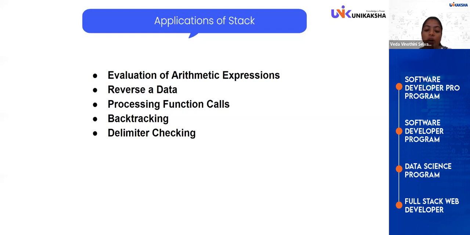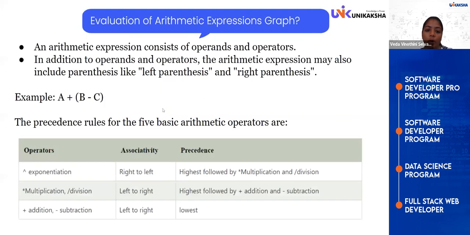Okay, so now we are going to see the logic behind that. In real-time applications, we are going to see the logic embedded inside arithmetic expressions. So, jumping into evaluation of arithmetic expressions: an arithmetic expression consists of operands and operators. Before starting, you should have a basic understanding of what operands and operators are.